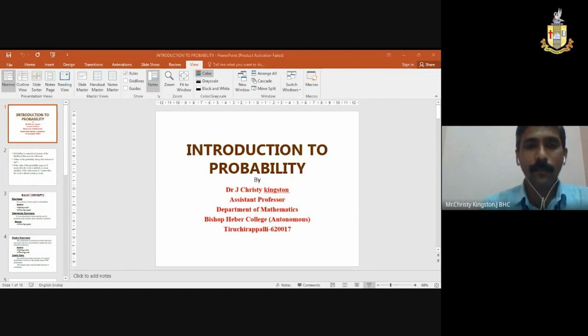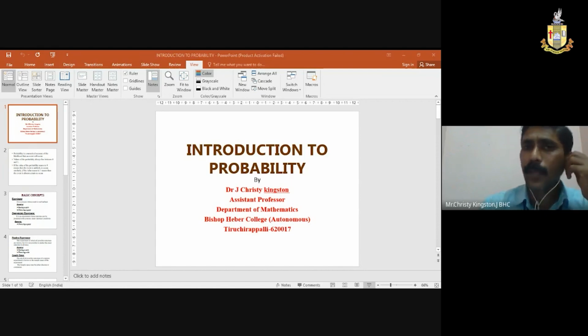Similarly, if the value is nearer to 1, then the event is almost certain to occur. Suppose for a particular event I have the value 0.9, then it is nearer to 1, so at the maximum the probability will happen. So the value lies between 0 to 1. This is known as the probability.